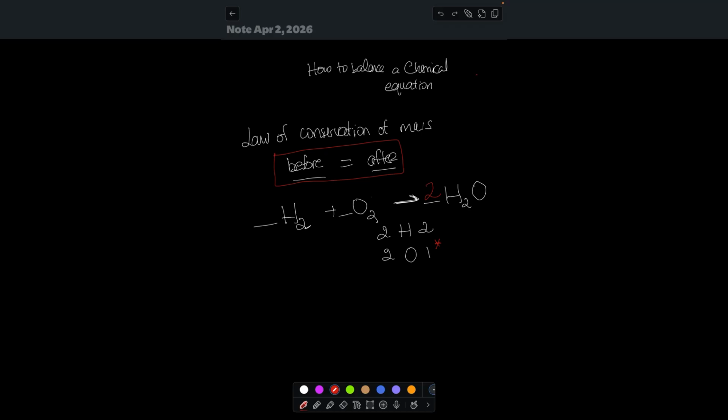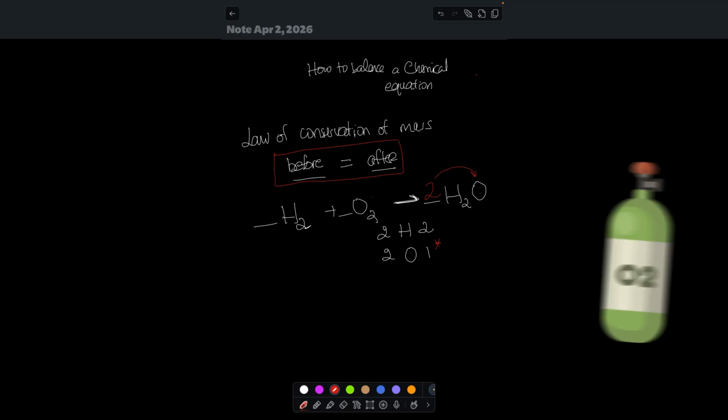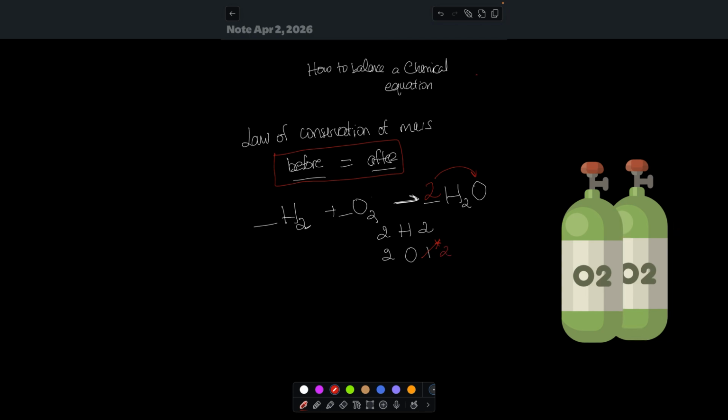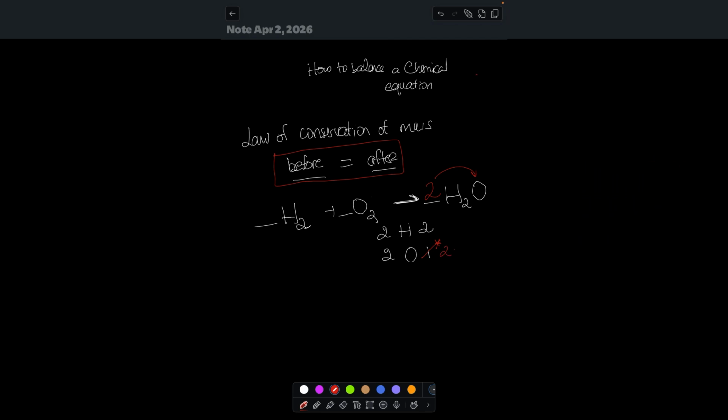By doing so, can you see that I have not only created 2 oxygens here to balance the number of oxygen atoms before and after, but I've also created 2 times 2 hydrogens. So now instead of having 2 on the right side, I've actually created 4.